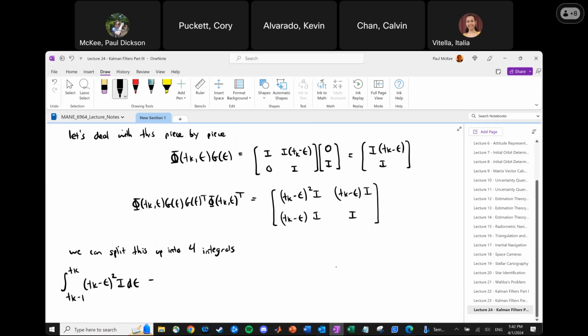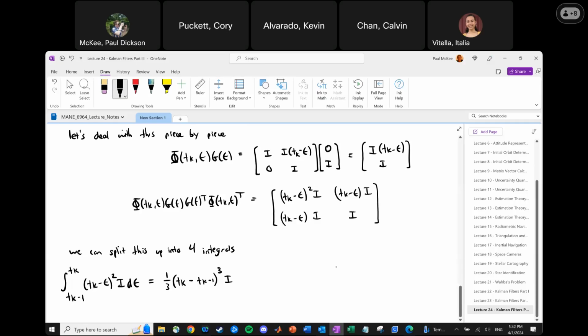All right, now we got to think back to calculus. What's going to end up happening is the exponent is incremented by 1, but we also get a fraction out front, which kind of offsets it. So we get 1/3 tk minus, instead of epsilon, it would be tk minus 1 cubed times the identity matrix.